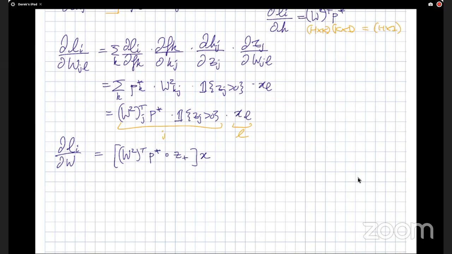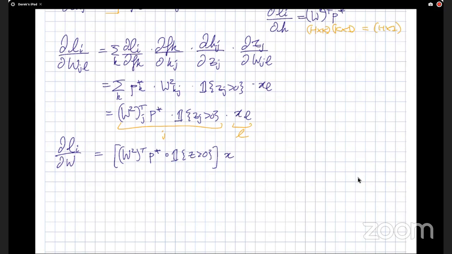So I'm still going to write this as Z greater than 0, times X. This is not particularly nice, so I'm just going to write down what the actual things here are.